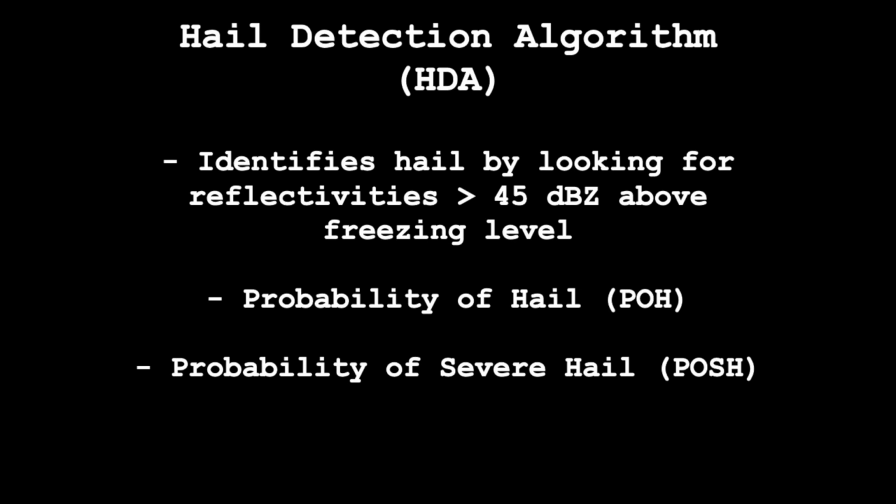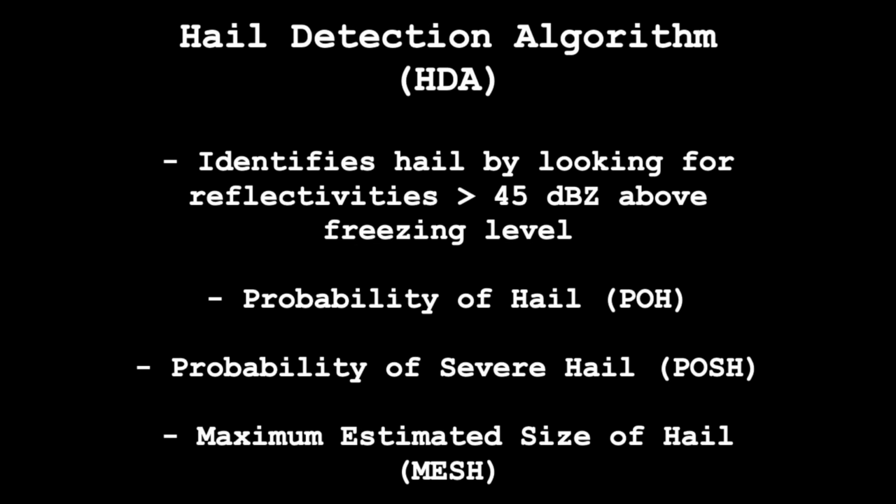The probability of severe hail, or POSH, is related to how high these high reflectivity values are relative to the 0 degrees Celsius and negative 20 degrees Celsius levels, and tells us the likelihood of hail in excess of 3/4 of an inch. This is the old National Weather Service threshold for severe hail. Note that the current threshold is 1 inch.